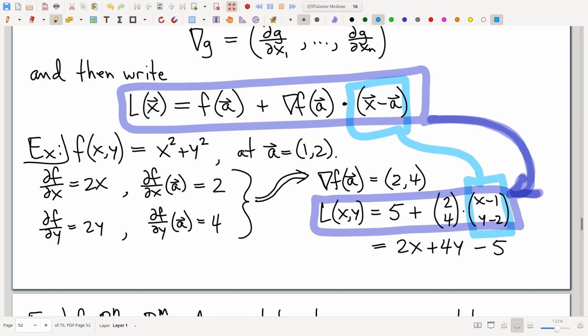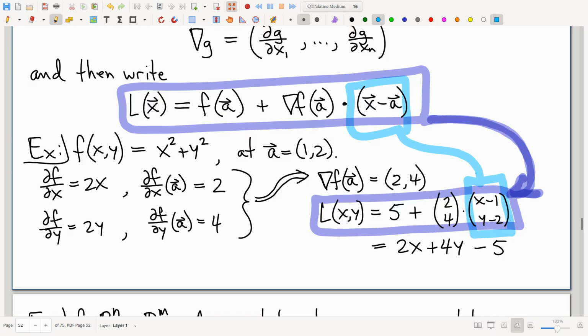Keeping in mind that the x vector represents the coordinates of your position, whatever that might be. Above, position was defined by x1, x2, x3, etc. That's why I call it the x vector. Now, to be fair, here our input variables are called x and y. Whatever, they're just variable names, right?